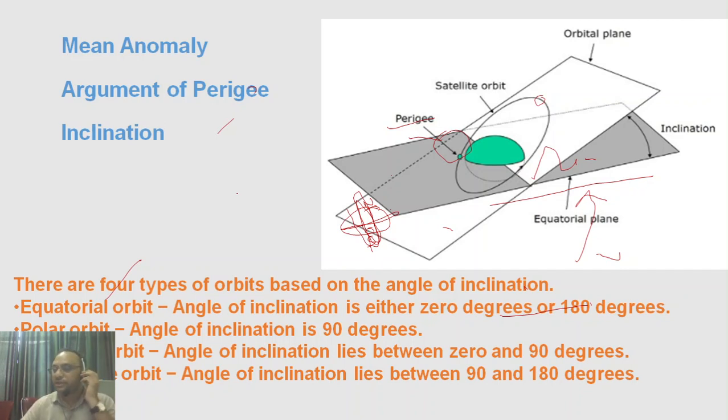So different type of orbits are there, and the definition of these orbits is according to the inclination angle. And what is the inclination angle? Inclination angle is the angle between equatorial plane and orbital plane.